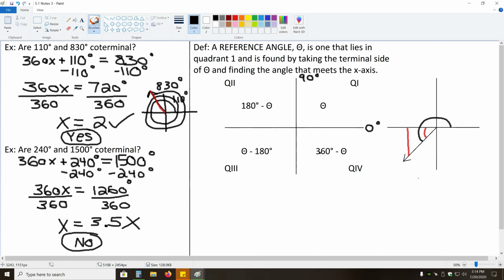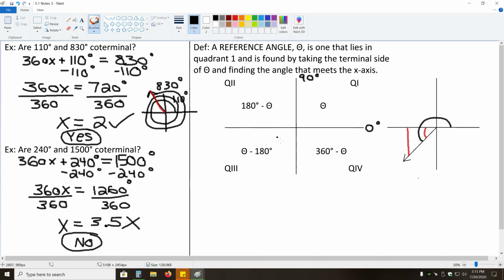If the angle is larger than 360 degrees, then you need to add or subtract 360 degrees from it to get rid of those extra complete rotations. So if it's a negative angle, you'll add 360. If it's a positive angle, you'll subtract 360.